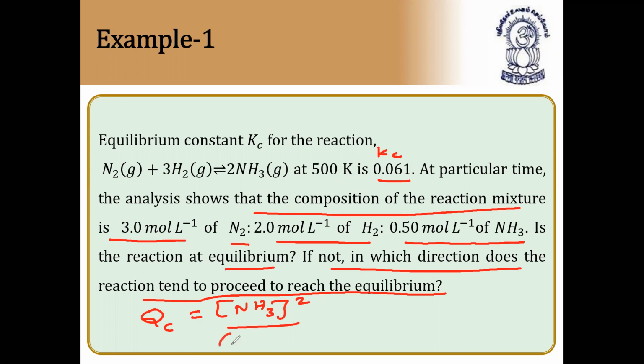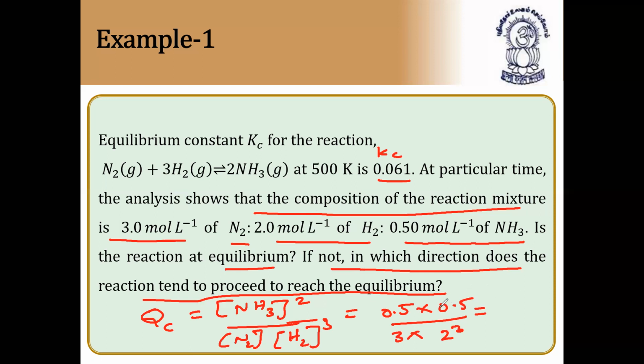So ammonia is 0.5, so 0.5 whole square, divided by 3 moles of nitrogen into 2 cube for hydrogen. If you calculate this, if it is less than Kc, we can say, we have to compare the values of Qc with Kc.